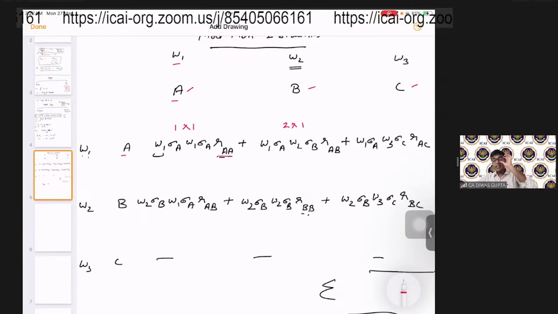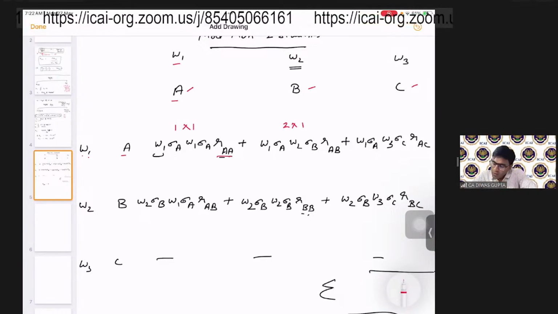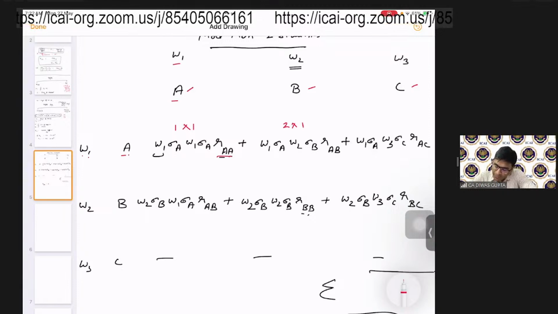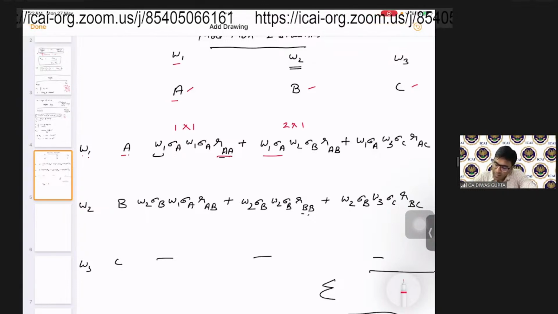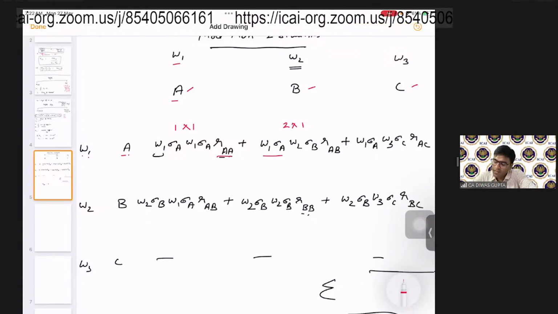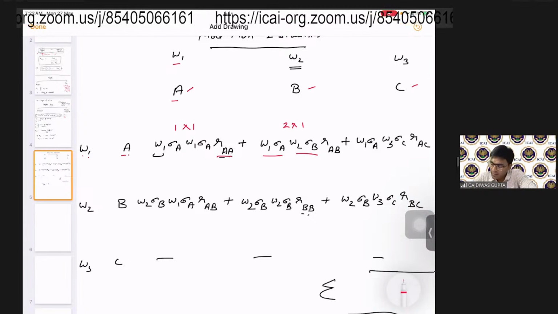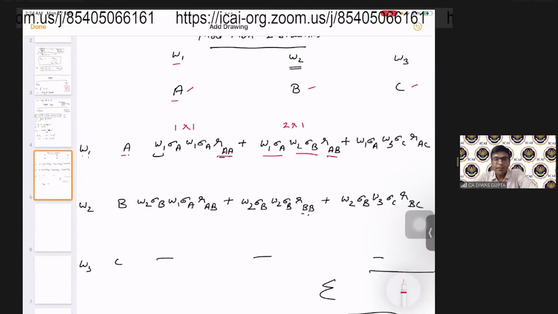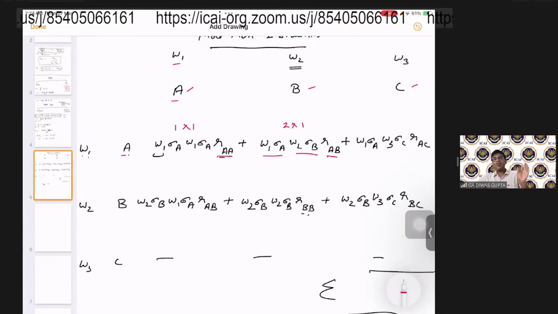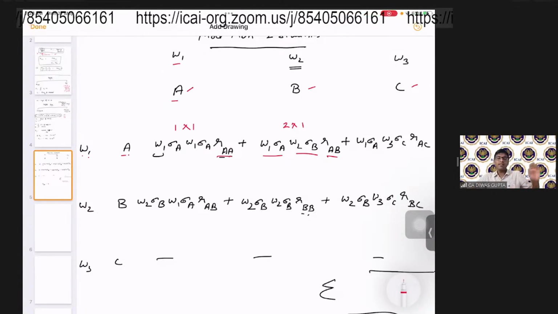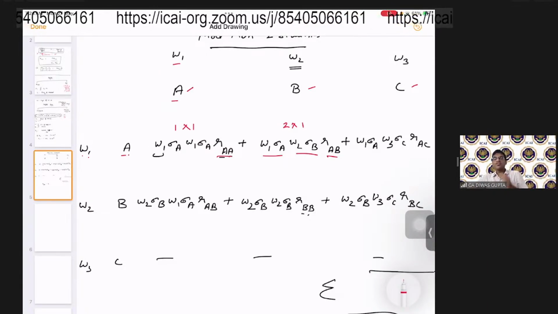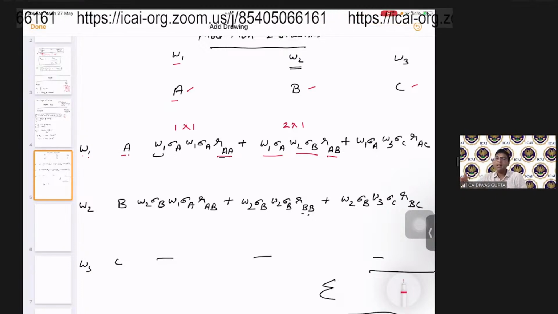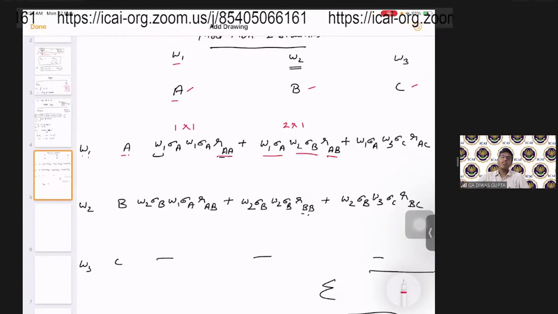Here it will be weight 1 multiplied by standard deviation of A, and from the column we will take weight 2 into standard deviation of B, and then R of A and B, students. Simple. Wherever we are in that matrix, we just take that row's weight and standard deviation, the column's weight and standard deviation, and multiply it with the correlation coefficient between both of them.